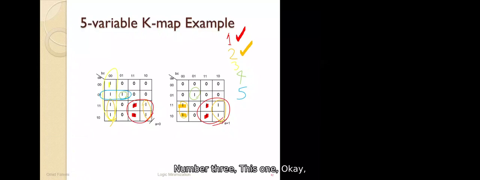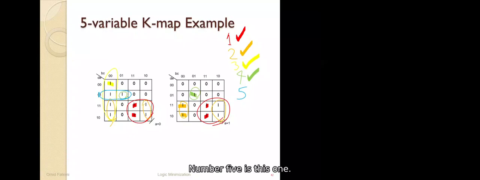Number 3, this one, okay, that one is not covered by anything. So again, this one is essential. Number 3. Number 4. Number 4 is these 2 ones. This one is covered, but this one is not covered. So this is also essential.